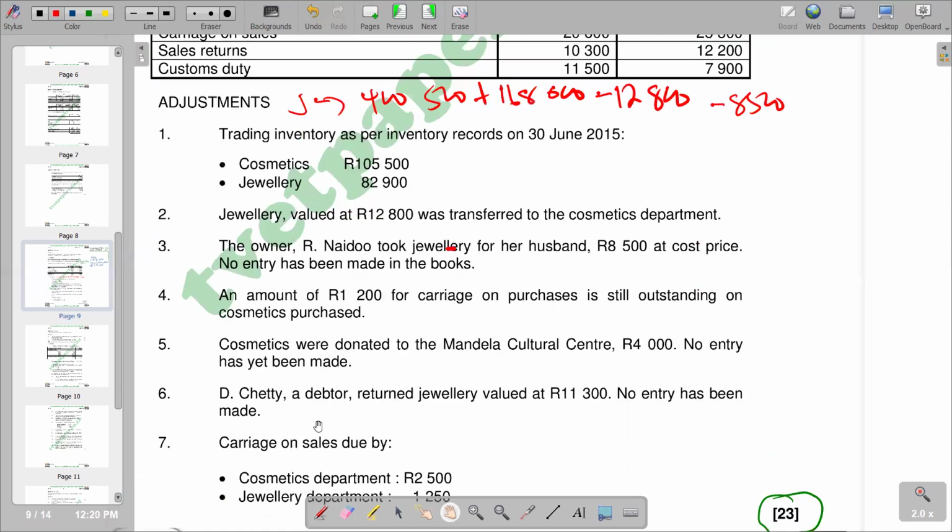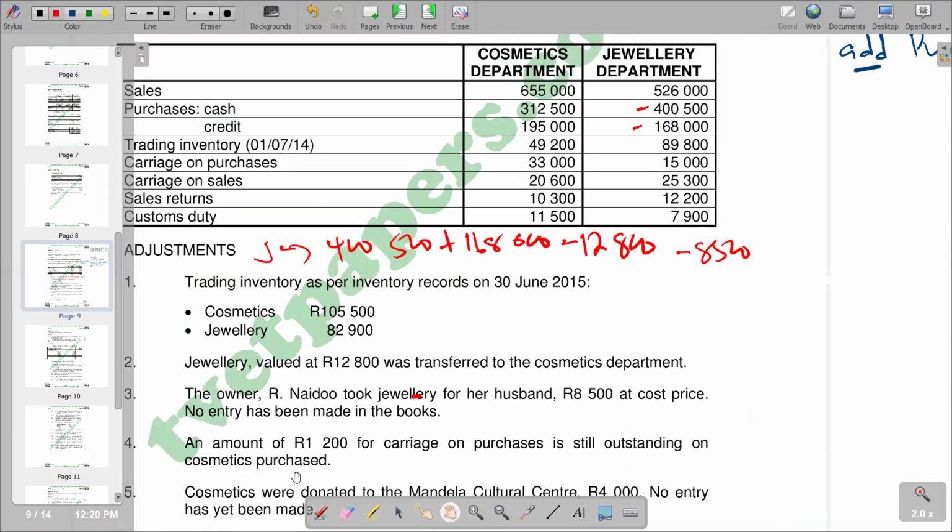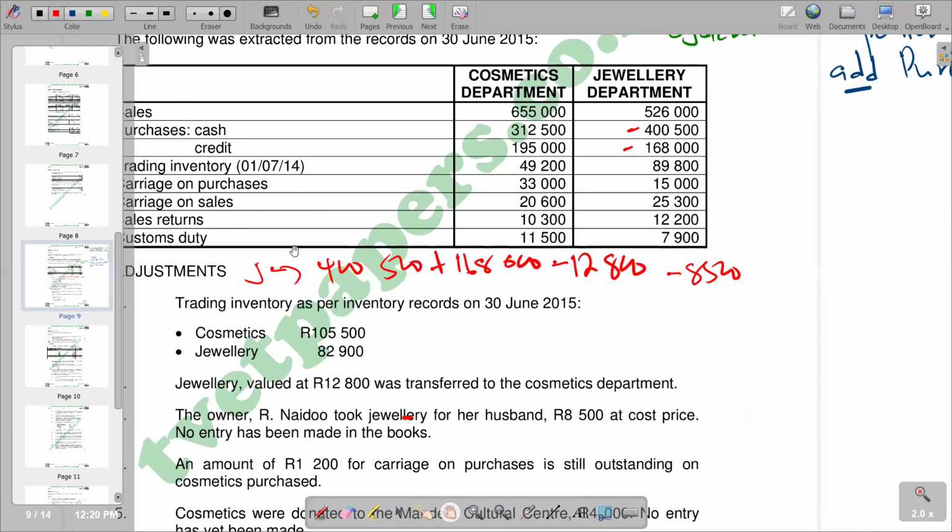So having that now, we can calculate the final figure by saying 400,500, we add 168,000, we subtract 12,800, we subtract 8,500.